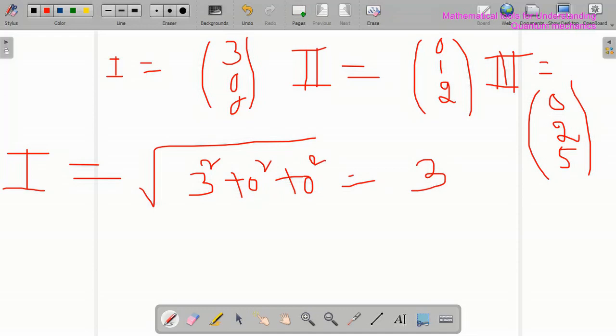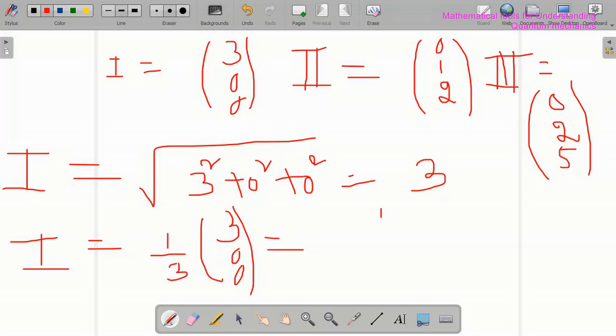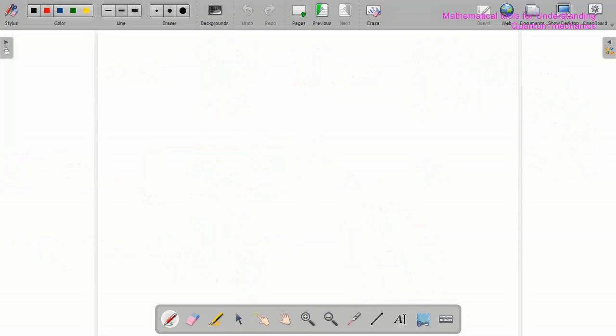So the first normalized vector is 1 by 3 times (3, 0, 0), which becomes 1, 0, 0. This is the first normalized vector, e1 equals 1, 0, 0.